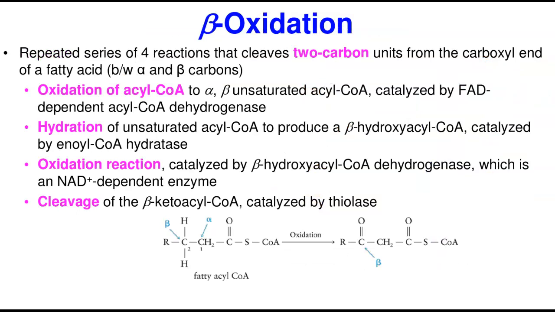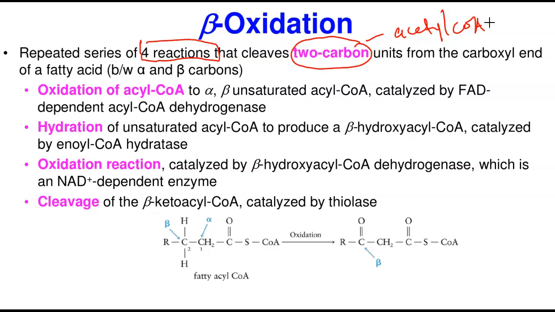The beta oxidation is a short reaction that involves a repeated series of 4 reactions. What those 4 reactions do, the ultimate goal, is to cleave 2 carbon units. Those 2 carbon units are acetyl-CoA. You just break fatty acid into units of acetyl-CoA. So it breaks 2 carbon units of acetyl-CoA from the carbonyl end of the fatty acid.